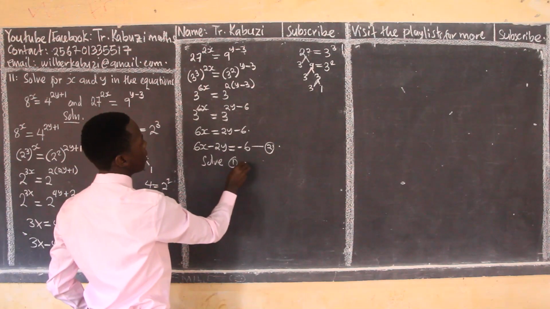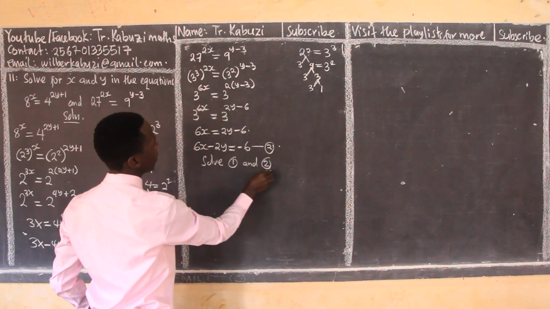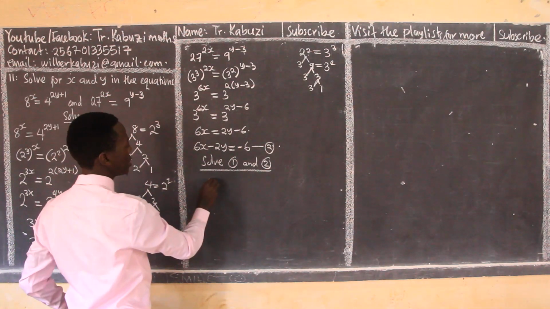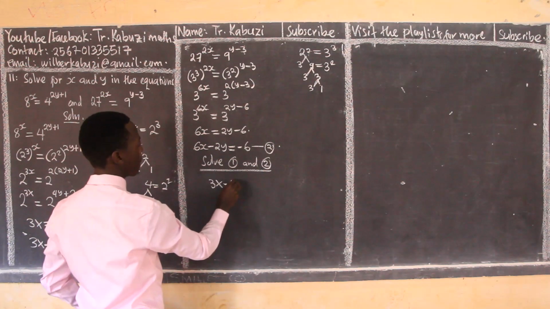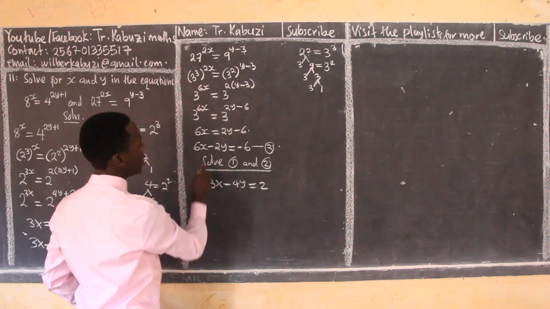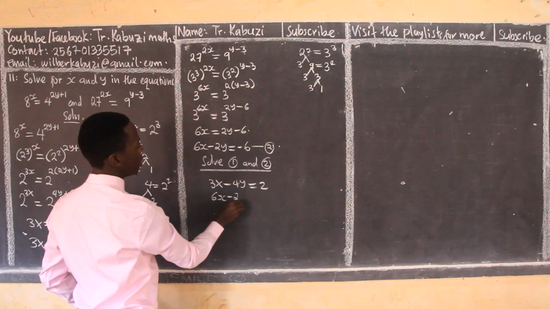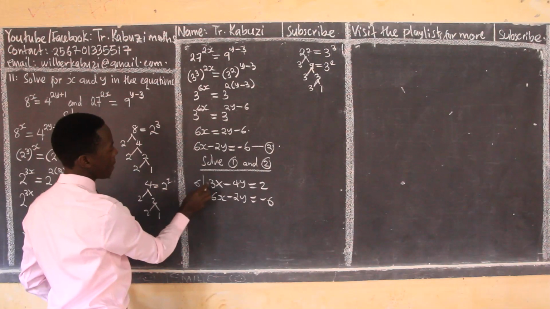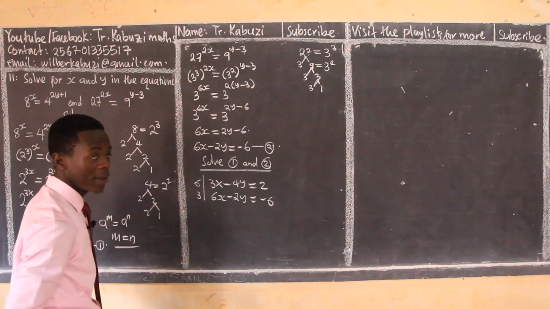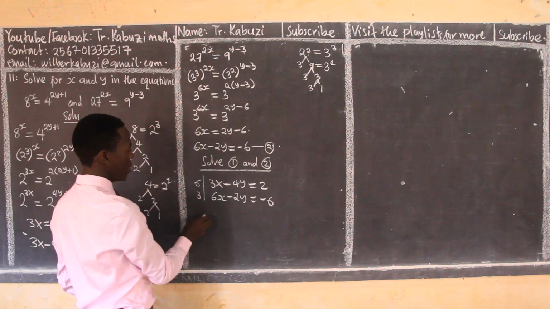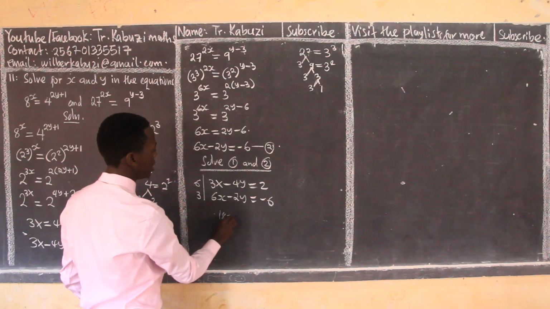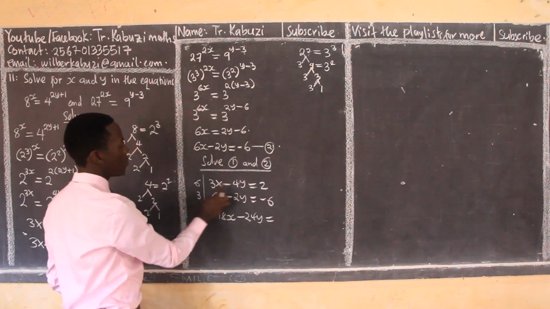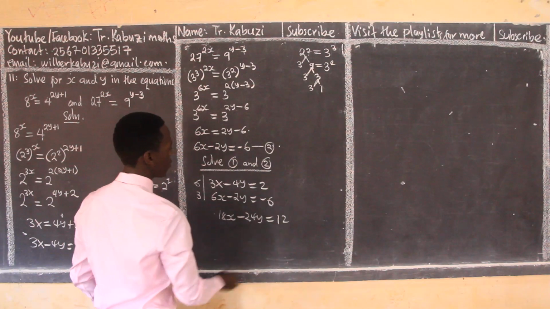Solve 1 and 2. If I bring them, I can start by writing here my 1, which is 3x minus 4y equals 2, then here I have 2, 6x minus 2y equals negative 6. You multiply 6 here, you multiply 3 here. There are many ways you can solve them. So this will give us 18x minus 24y equals 12.